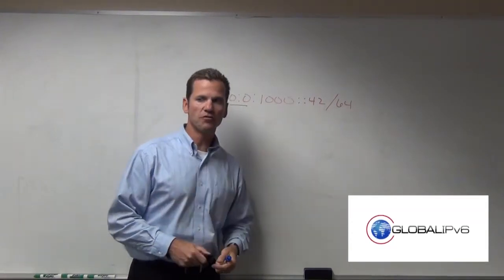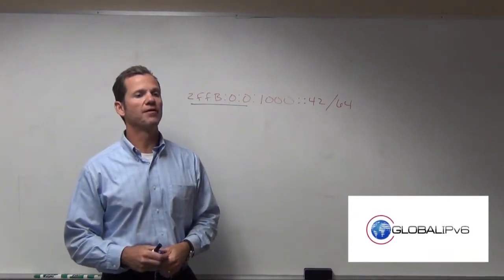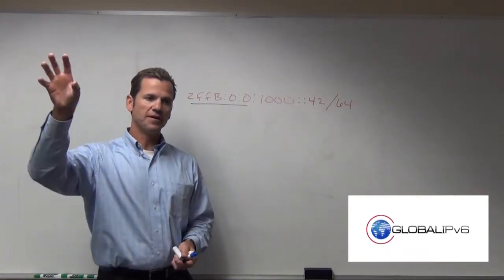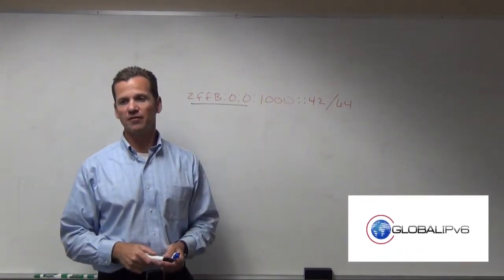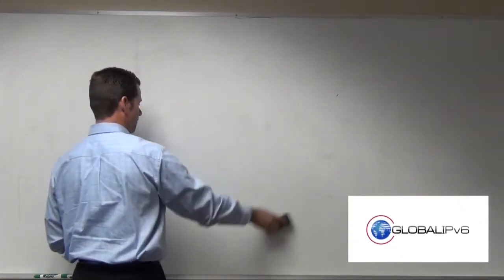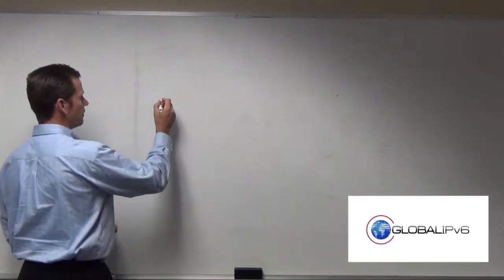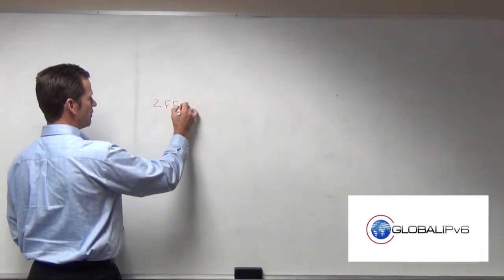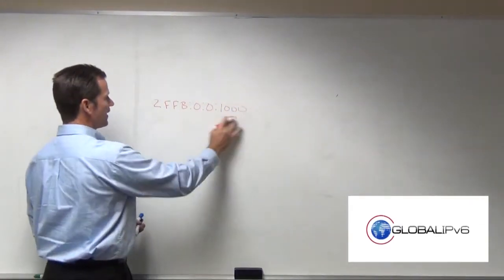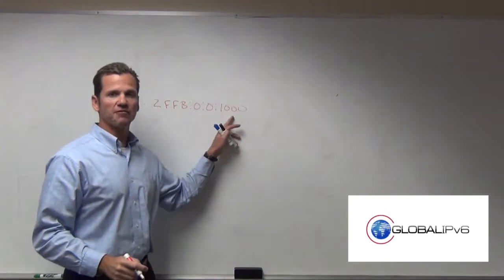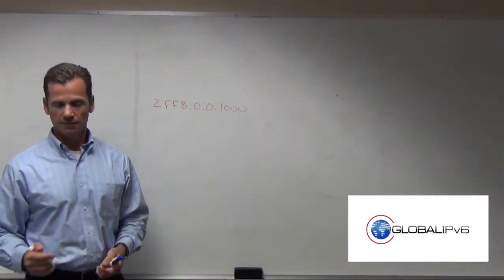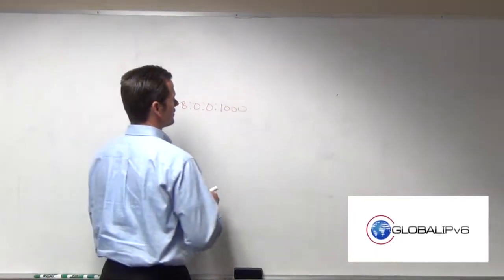Another method is what we call the EUI-64 method. In EUI-64, we allow the MAC address to be associated with the ending address. I'll give you an example of that. Once again, let's say the host was assigned these first 64 bits of 2FFB:001:1000, and it has a MAC address.